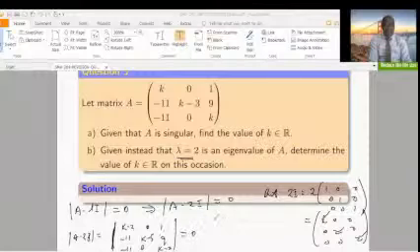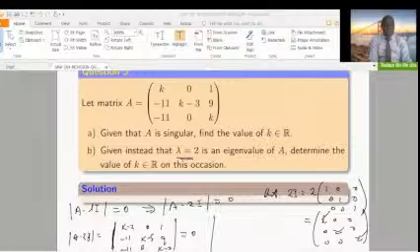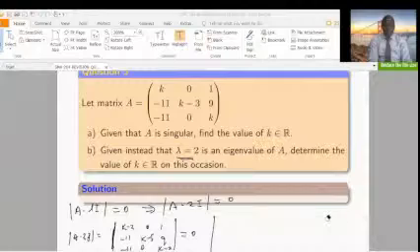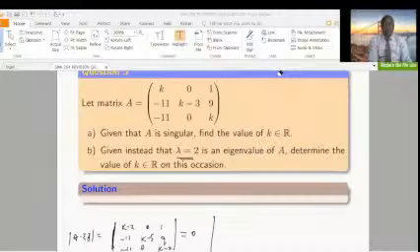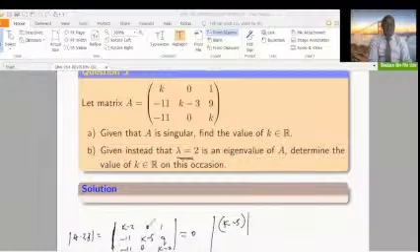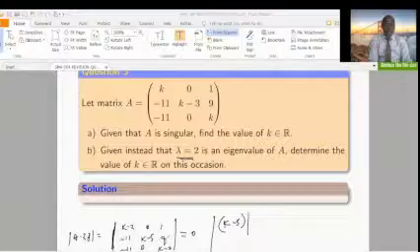So let's find the determinant along the second column. When that happens, then we have K minus 5 multiplied by the determinant of the matrix that remains when I delete the second column and the second row.